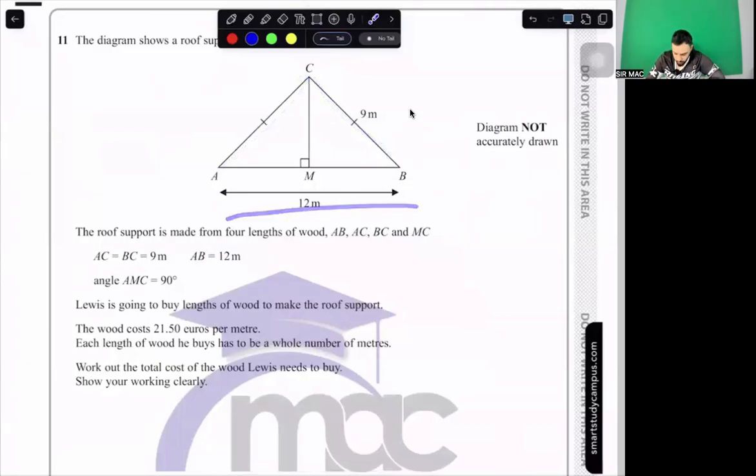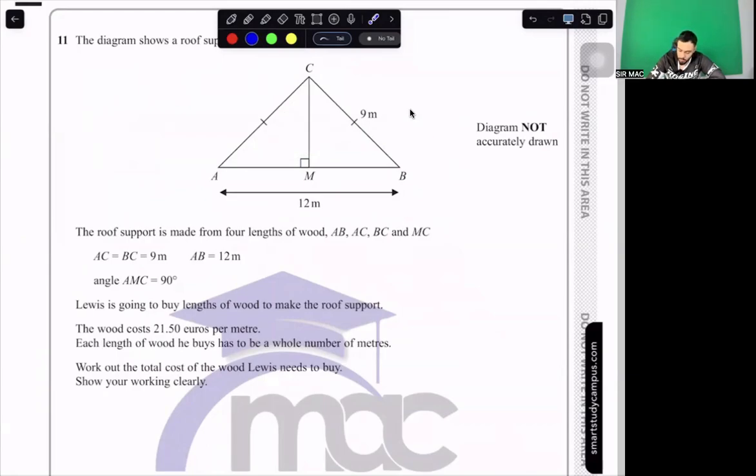AB is 12. AMC is 90. Lewis is going to buy lengths of wood to make the roof support. So he's going to buy wood to make the roof support.